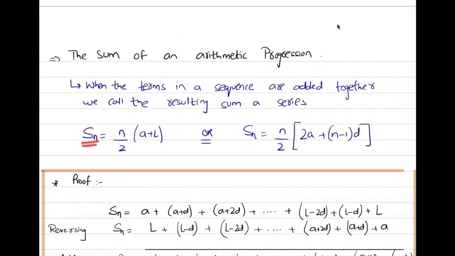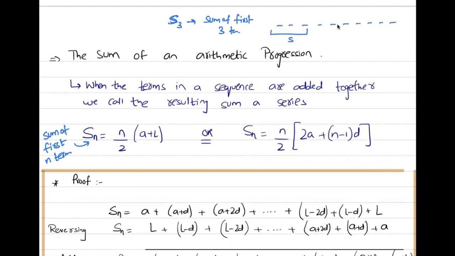Sn means the sum of the first n terms, which means if I have an arithmetic sequence of 10 numbers, there are 10 terms, S3 would simply mean the sum of the first three terms. 1, 2, 3, 4, 5, 6, 7, 8, 9, 10.